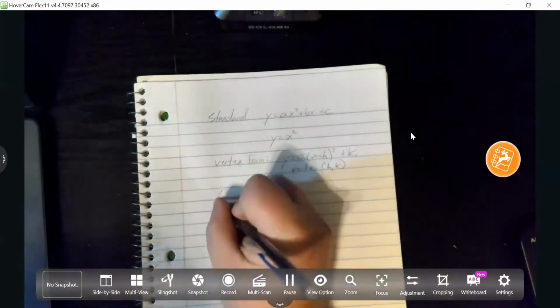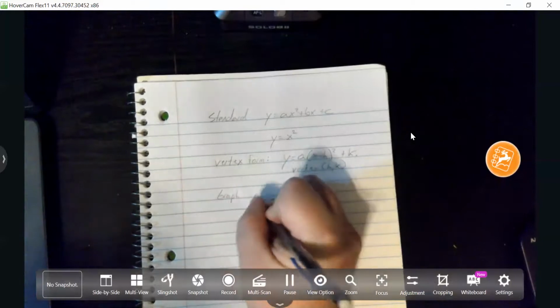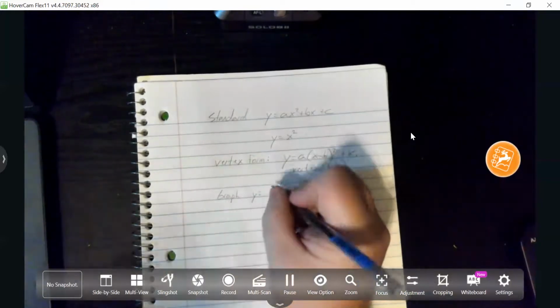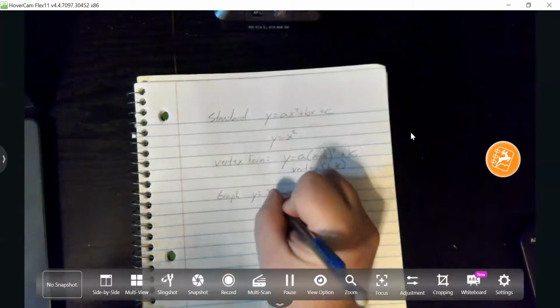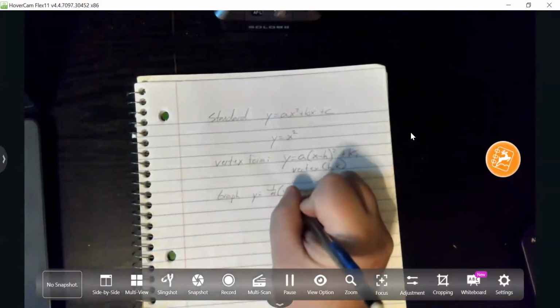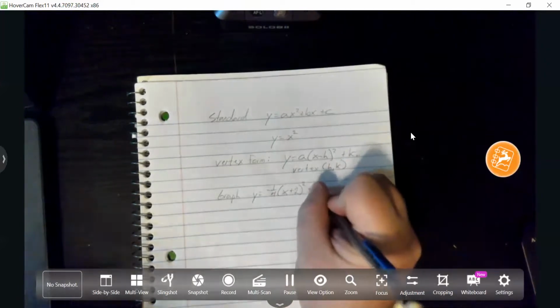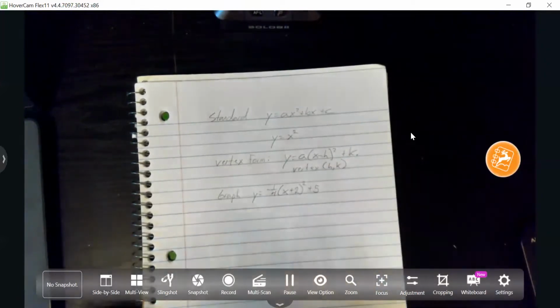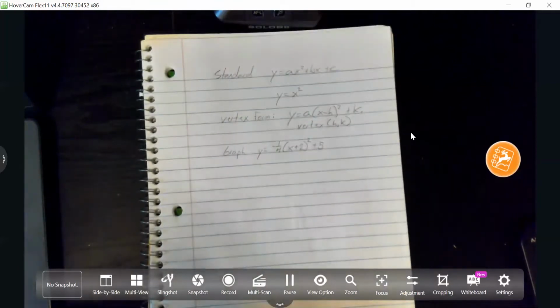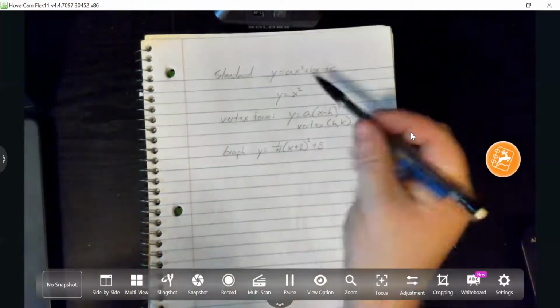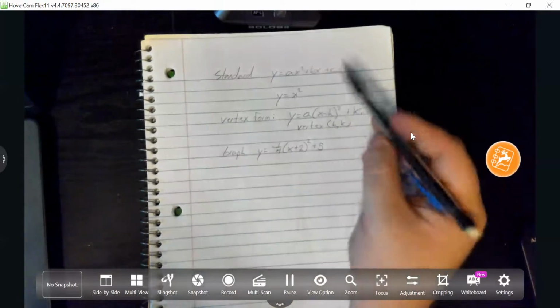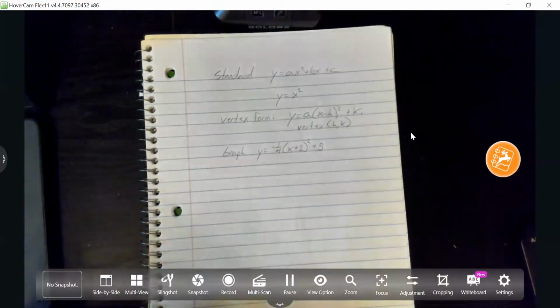Let's say we need to graph, let's do something horrible, y equals negative 1/4 times (x plus 2) squared plus 5. So now we have a new function that we need to graph. Since it's not in ABC format, we can use vertex form instead.